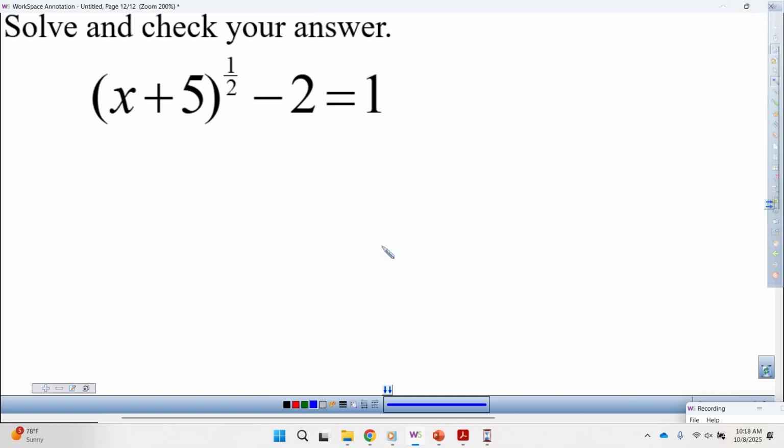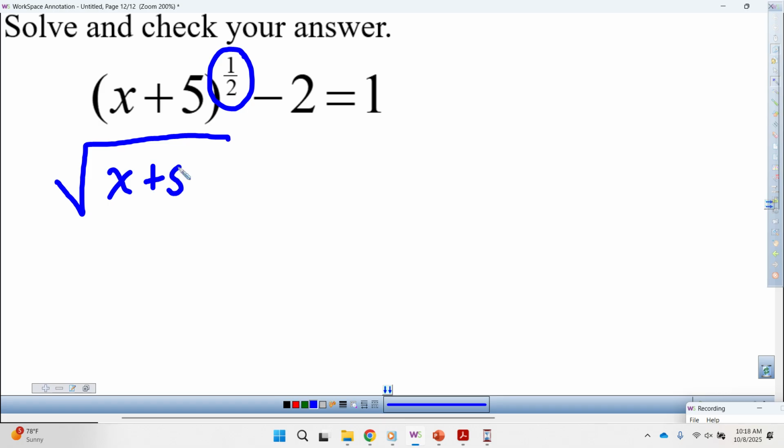All right, let's do this one together. Everyone, what is this? It becomes what? Square root. That is correct. So bring down the x plus 5 inside. Then outside we have the negative 2 equals 1. So we need to leave the radical by itself. So what do we do, everyone?